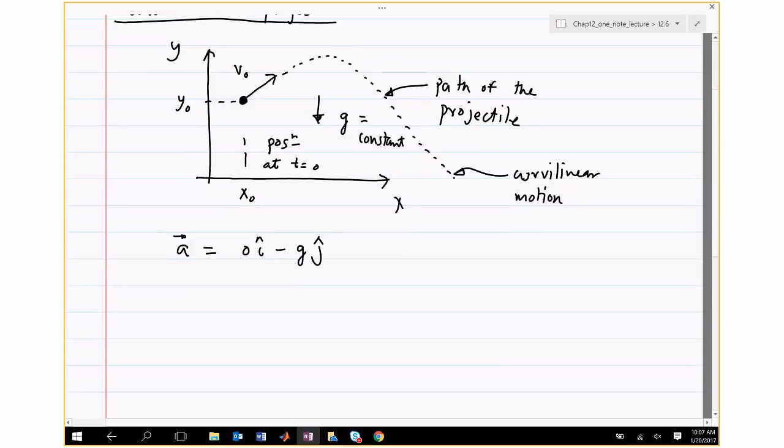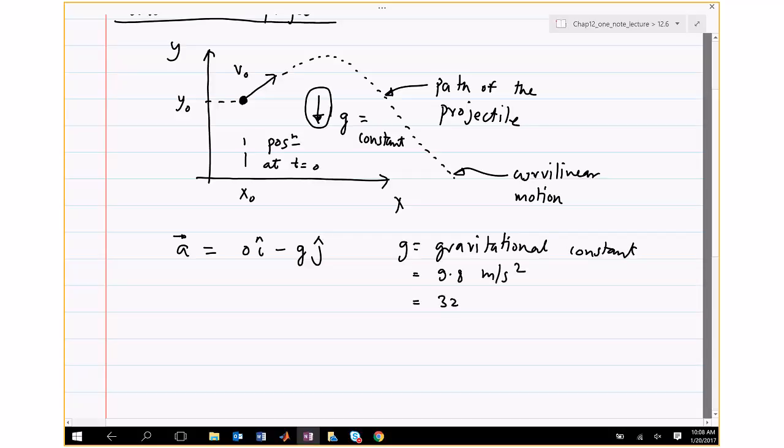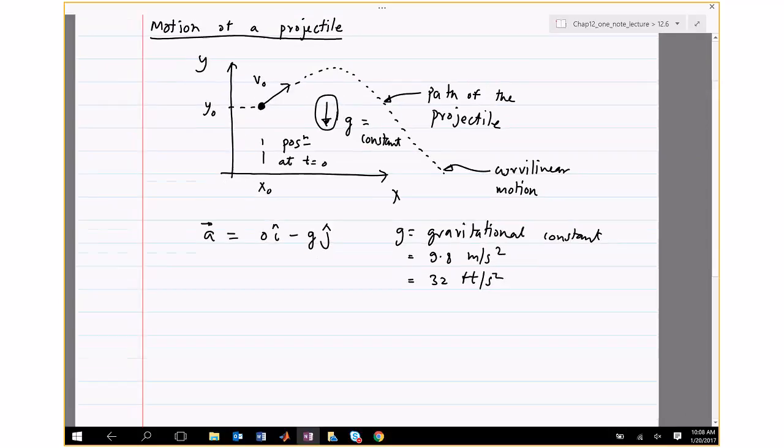So there's a negative sign because this is in the negative direction of y. g is the gravitational constant. It is 9.8 meters per second squared and 32 feet per second squared. It depends on which units you are doing the problem in.